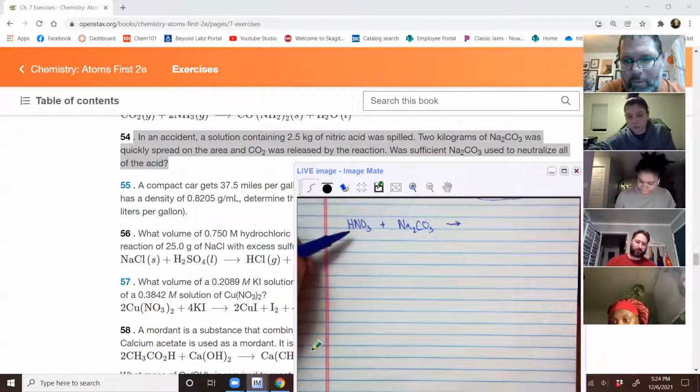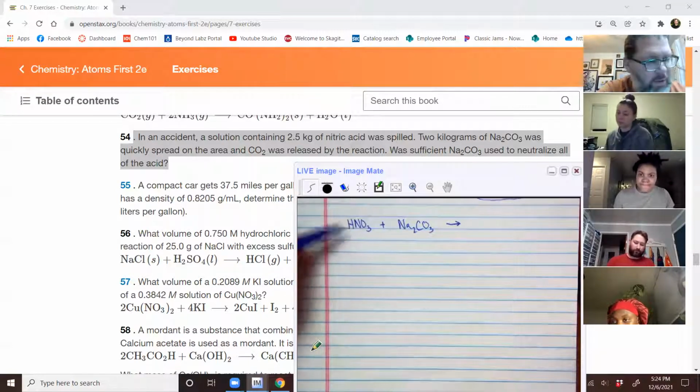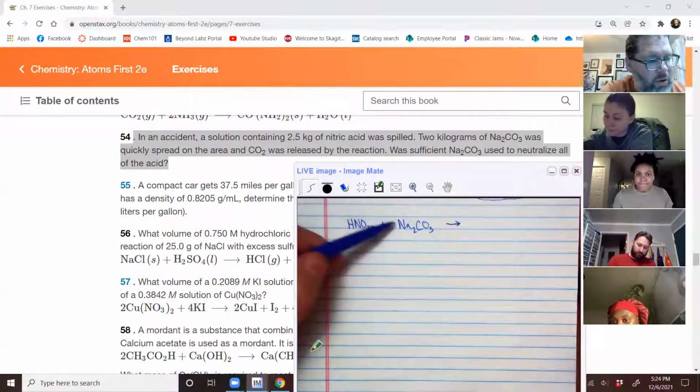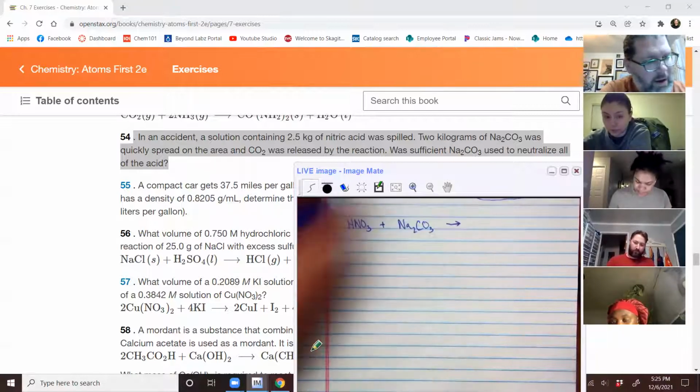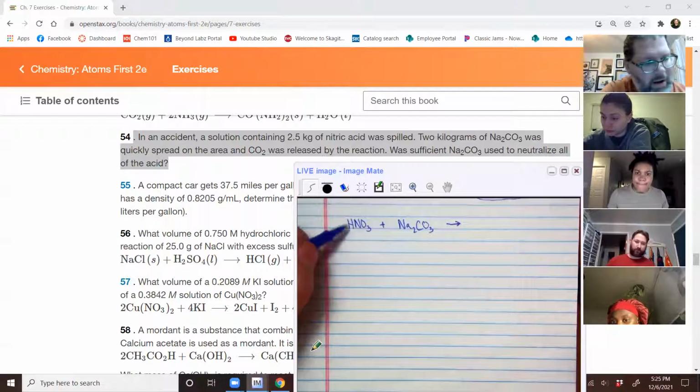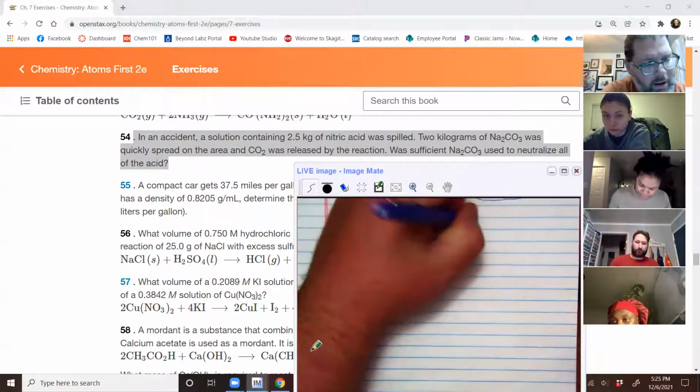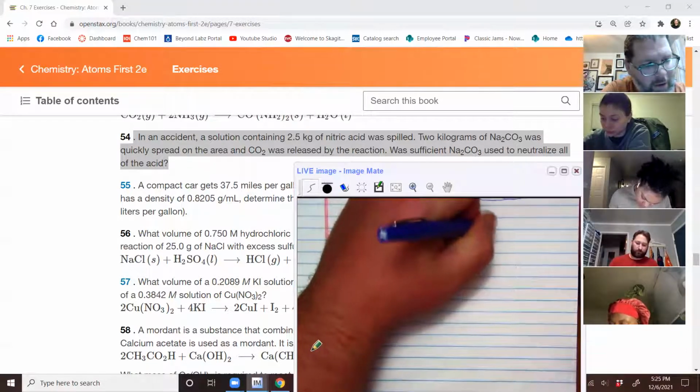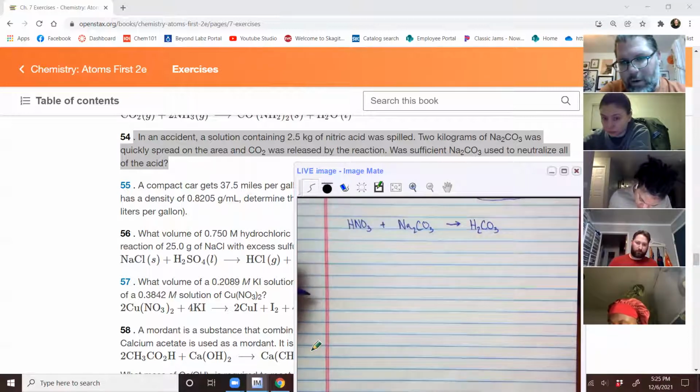It wouldn't be a big deal. So if this is a double replacement, we're replacing sodiums with H pluses, so Na pluses with H pluses. And because H plus is a +1 and Na plus is a +1, that means that the correct formula, when we put together our H's and our CO3 2 minuses, has to be H2CO3.